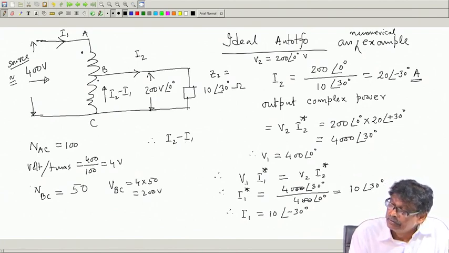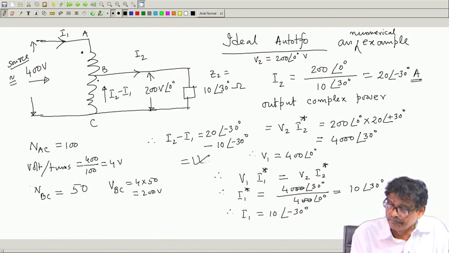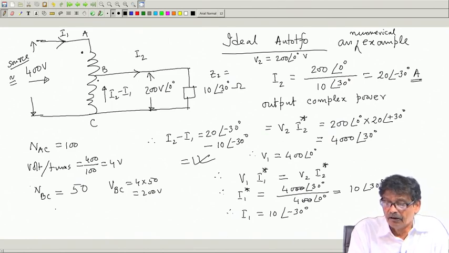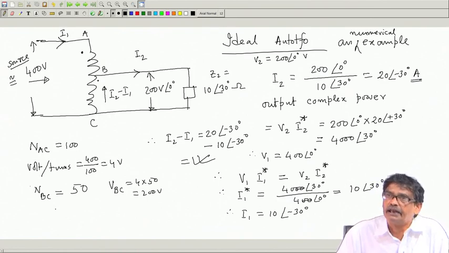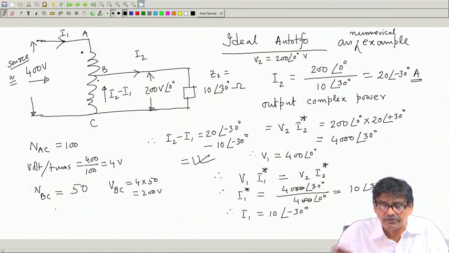So, I2 was 20 minus 30 degree minus I1, which is 10 minus 30 degree, whatever it comes. So, the current distribution of various parts of this circuit can be easily calculated, provided of course, the transformer is ideal. Winding resistances are not there, leakage reactances are not there, such that V1 becomes E1, V2 becomes E2, and so on.